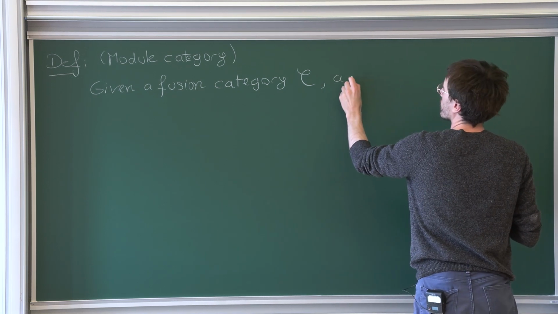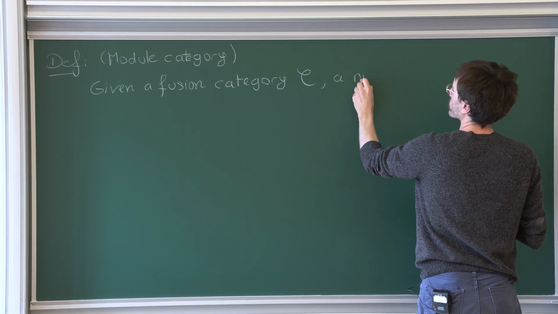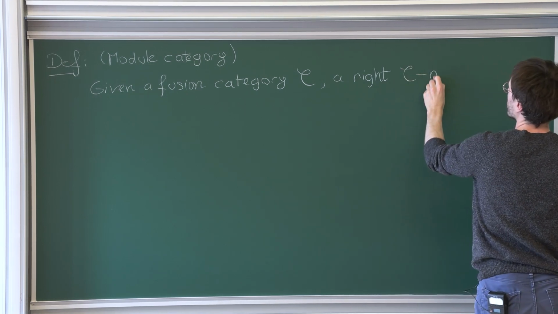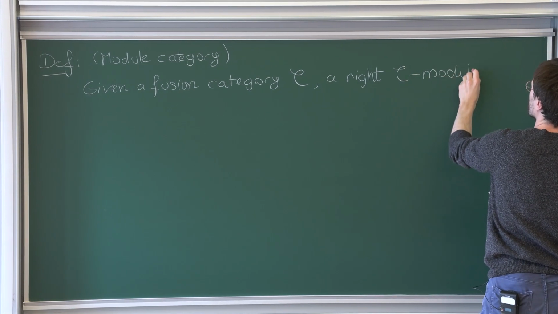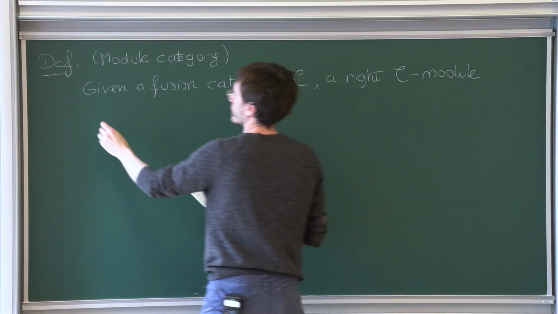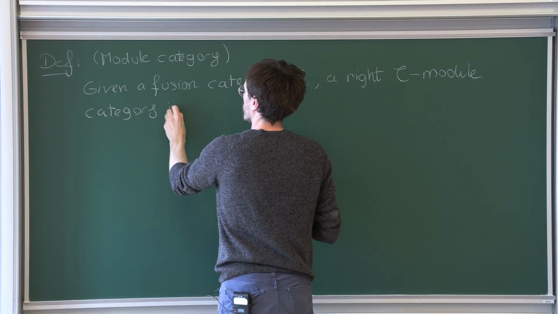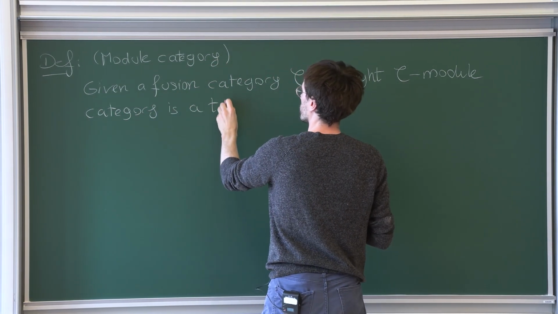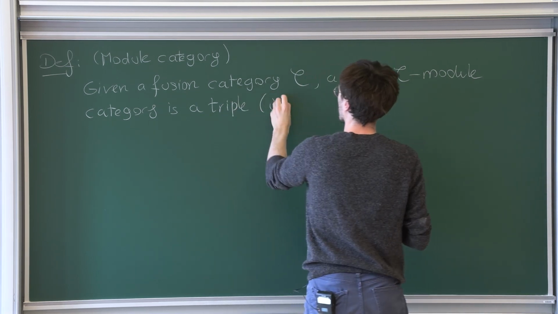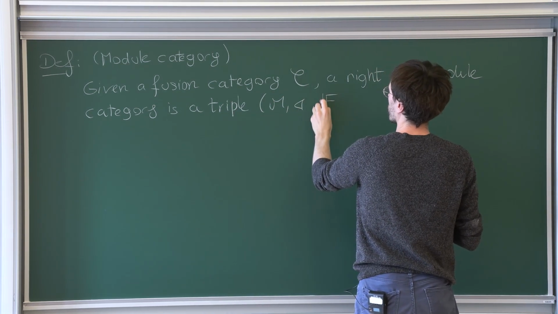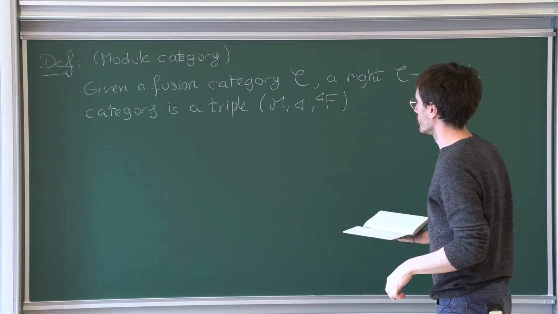So a right module, we have left and right module categories. I'm going to define a right module category of C, or a C module category. It's a triple. So we need three items to define a module category.